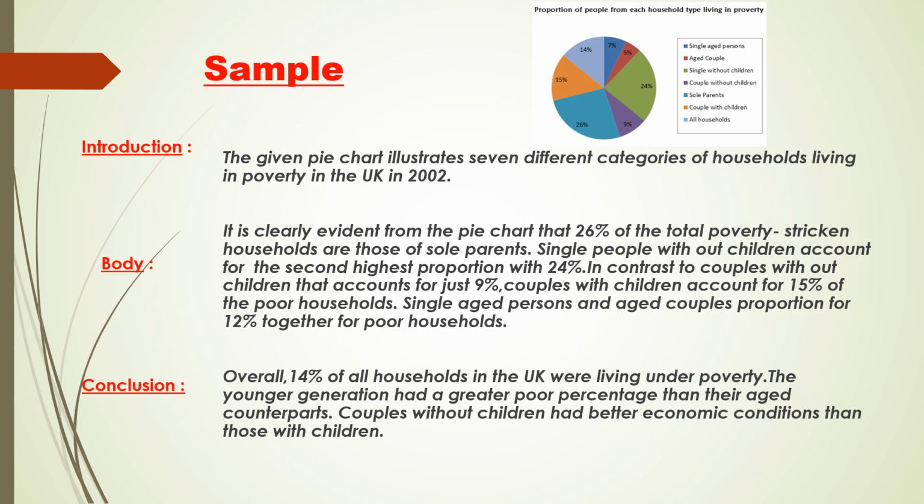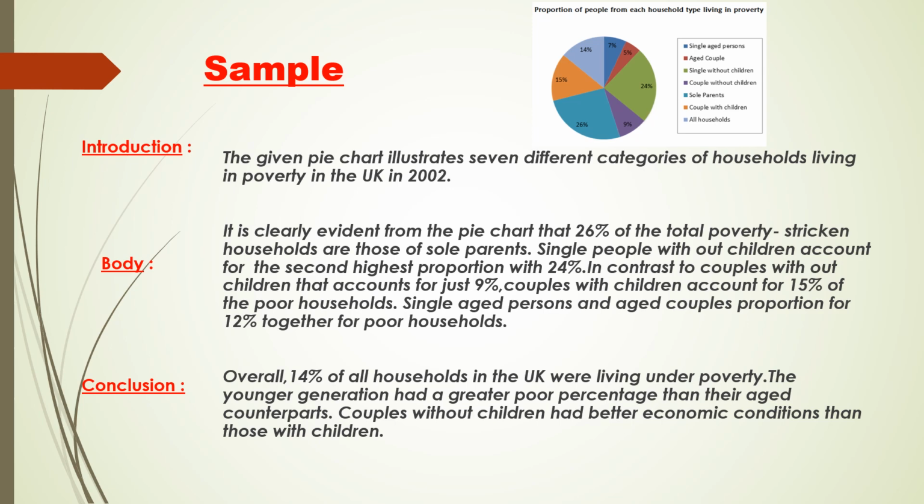Now we will elaborate what we have written in the introduction. What does the pie chart actually show? It is clearly evident from the pie chart that 26% of the total poverty-stricken households are those of sole parents.